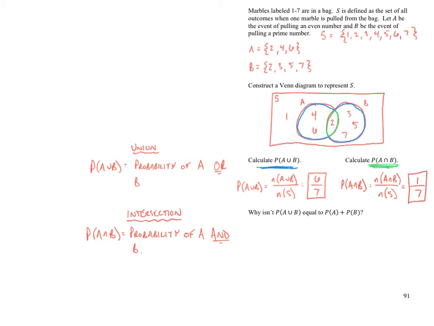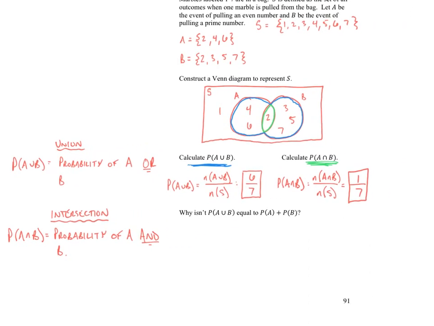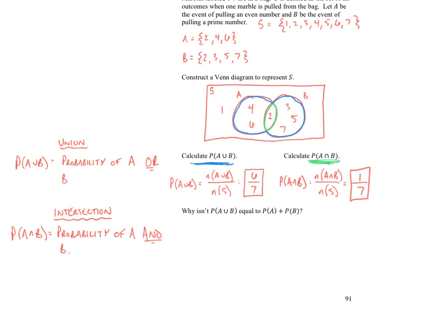Okay. The last question here is just one to get us thinking a little bit. It says, why isn't the probability of A union B, or the probability that I'll choose something that's in A or B, equal to the probability of A plus the probability of B? So let's just think about that for a second.